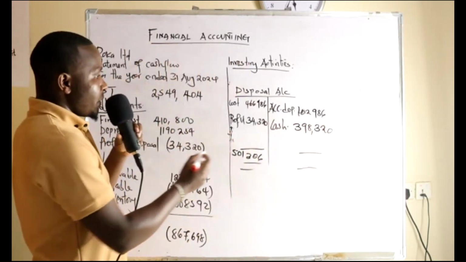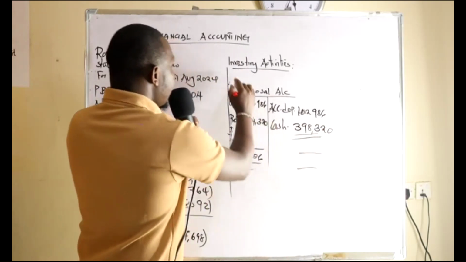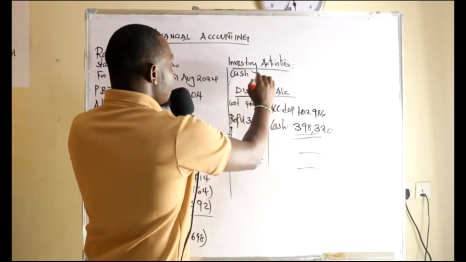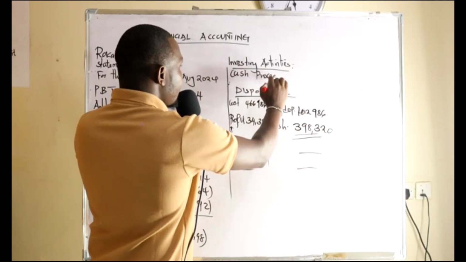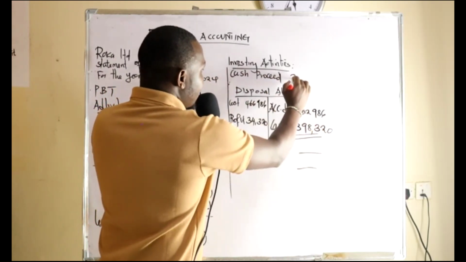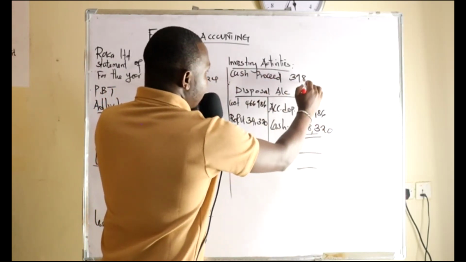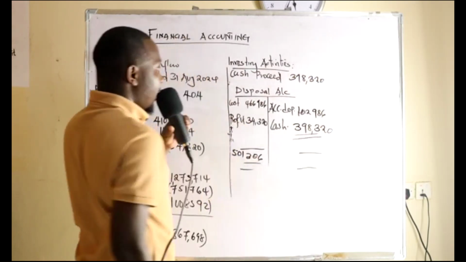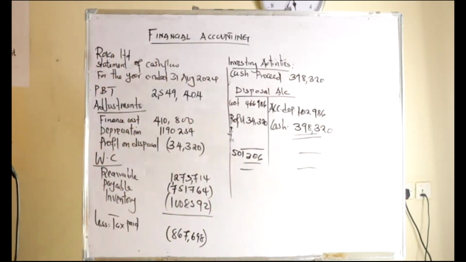So this is our cash proceeds. So you come here and write cash proceeds of 398,320. So we have done with that.